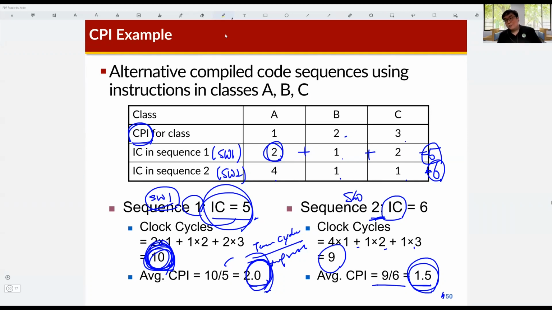So this CPI is determined by the architecture of the processor. So we usually, I said usually, not always, okay? We usually assume that every processor takes one cycle per instruction.